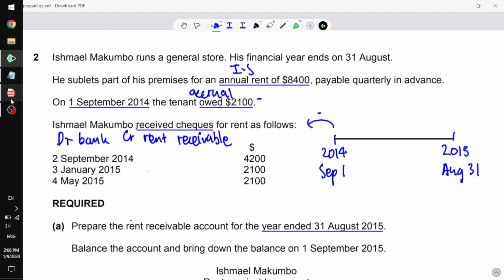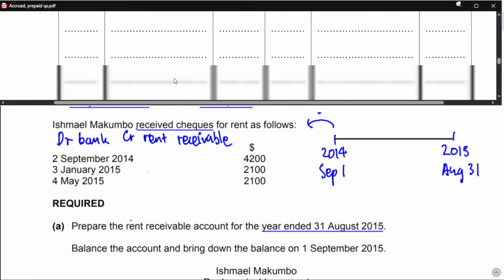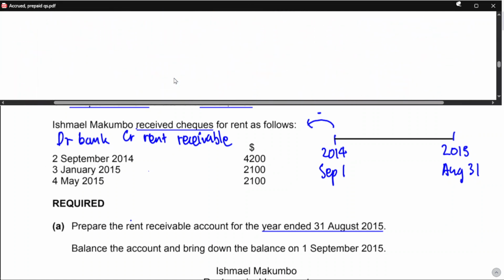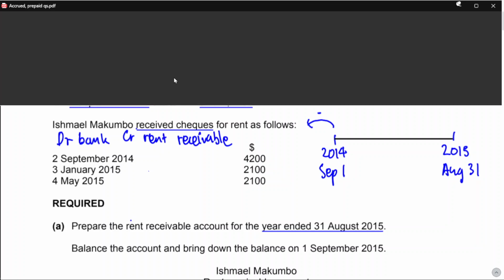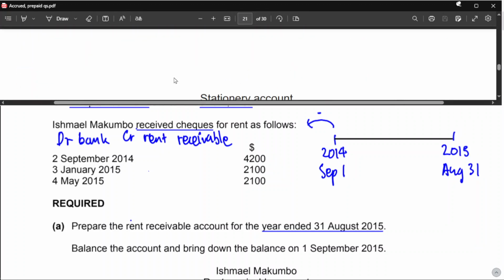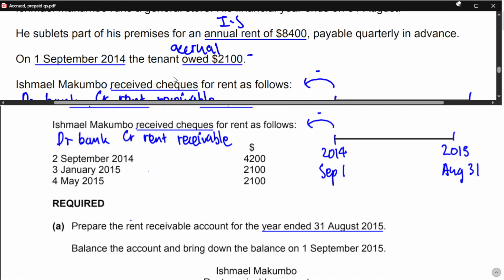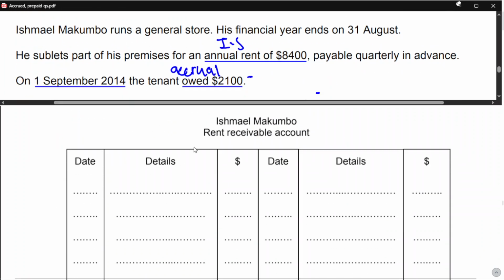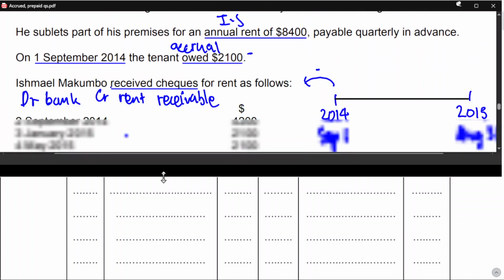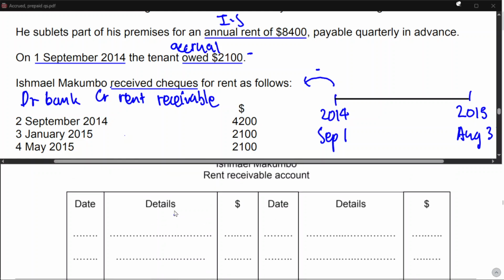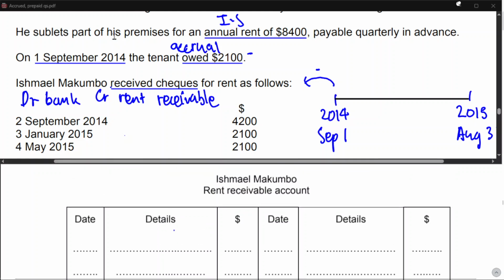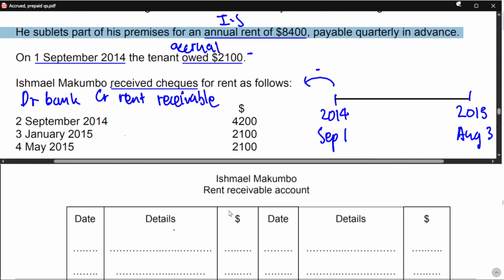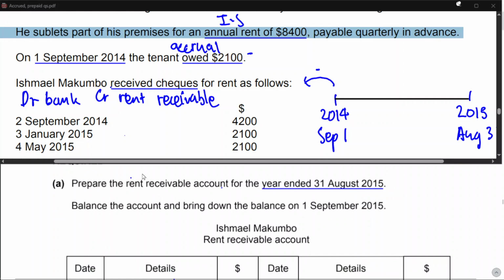Okay, now let's record it. Before I record it, I need to know that when receivable is an income, credit I plus, debit I minus.